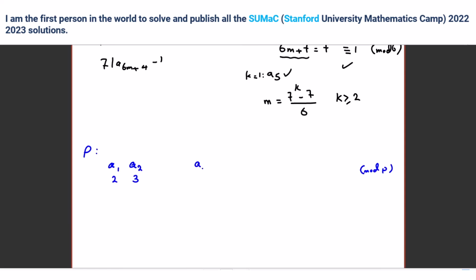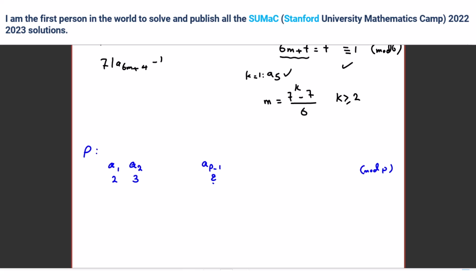Can you tell me, for example, A p minus 1 is what? A p minus 1 is equal to, I don't know, what is it equal to? You can calculate. You can say it is exactly what? Calculate A p minus 1.